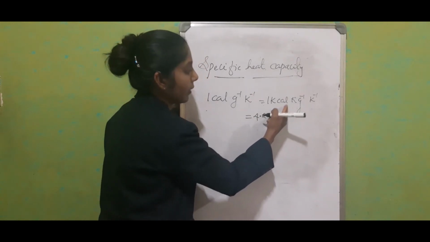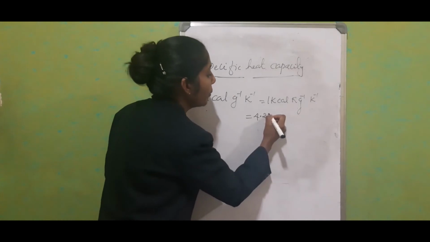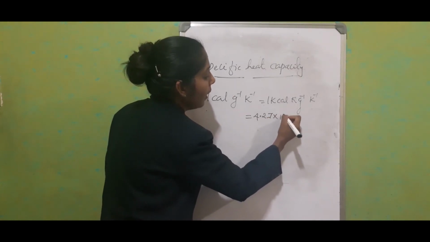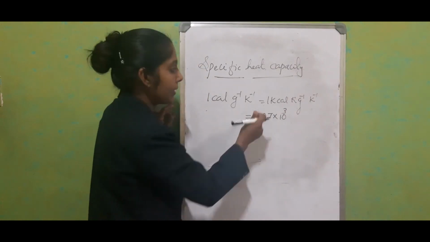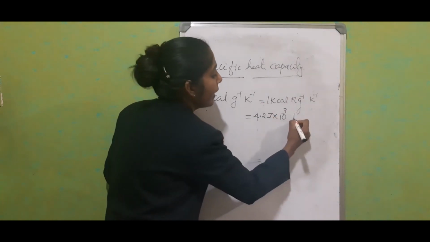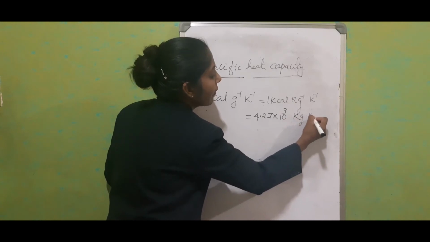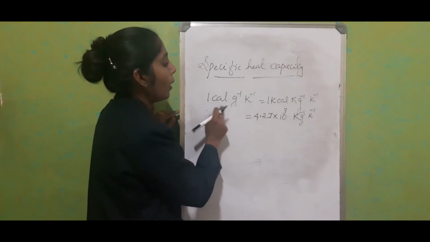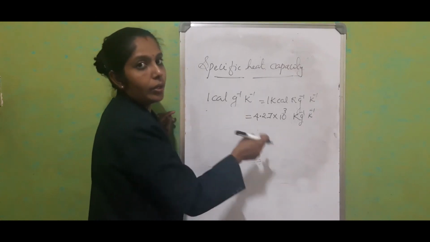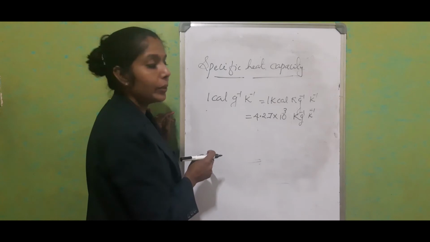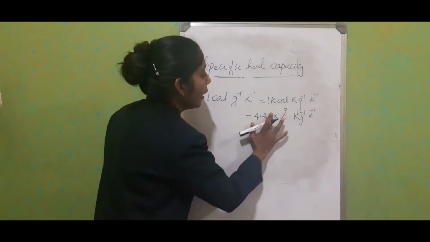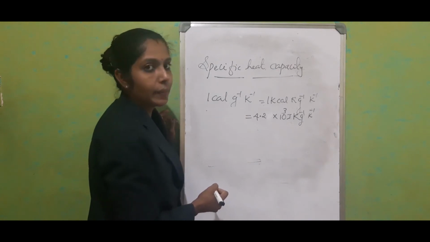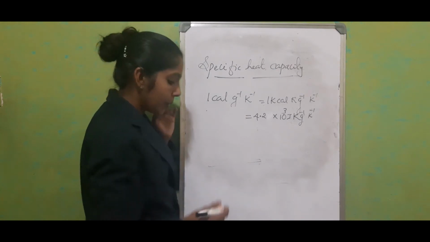So 1 kilocalorie is equal to 4.2 joule into 10 to the power 3, since kilo is 10 to the power 3, kilogram Kelvin raised to -1. So this is the way we can connect: 1 calorie is equal to 4.2 joule, and 4.2 into 10 to the power 3 joule kilogram raised to -1 and Kelvin raised to -1.